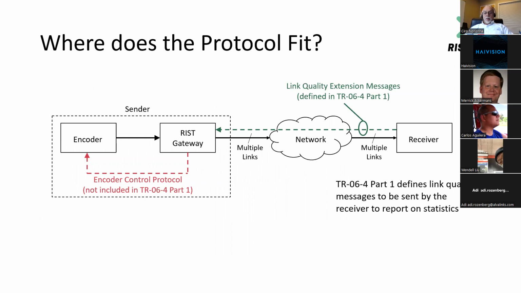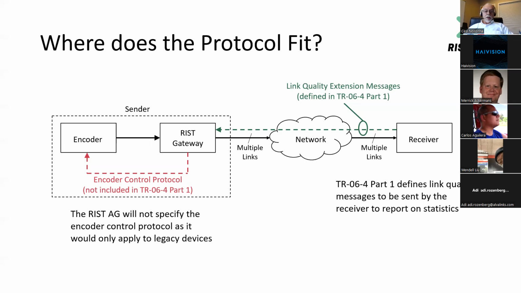So what the AG has done is link quality extensions. It's a protocol for the receiver to report to some RIST device what the quality of the link is, basically how much packet loss you're getting and whether you're having uncorrected losses or not.